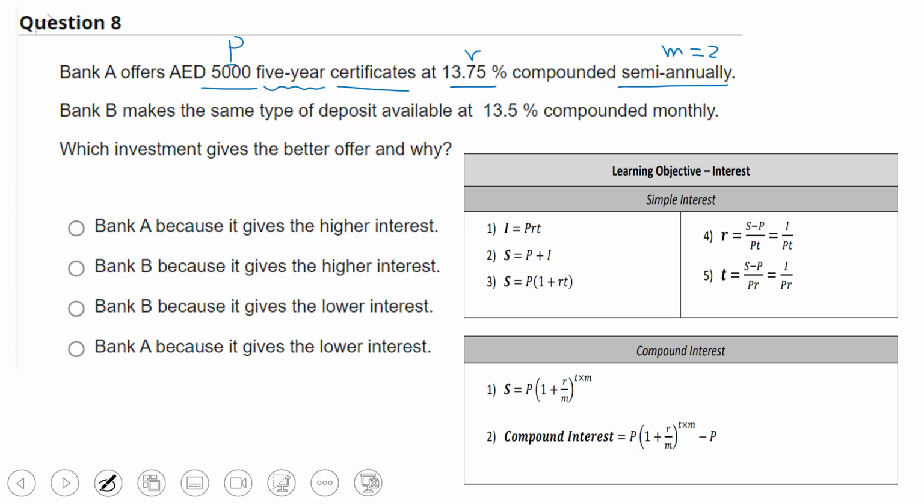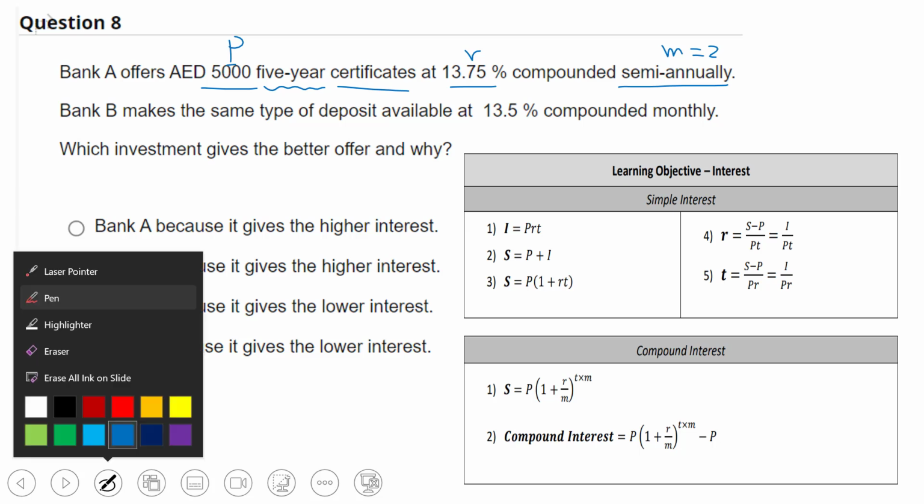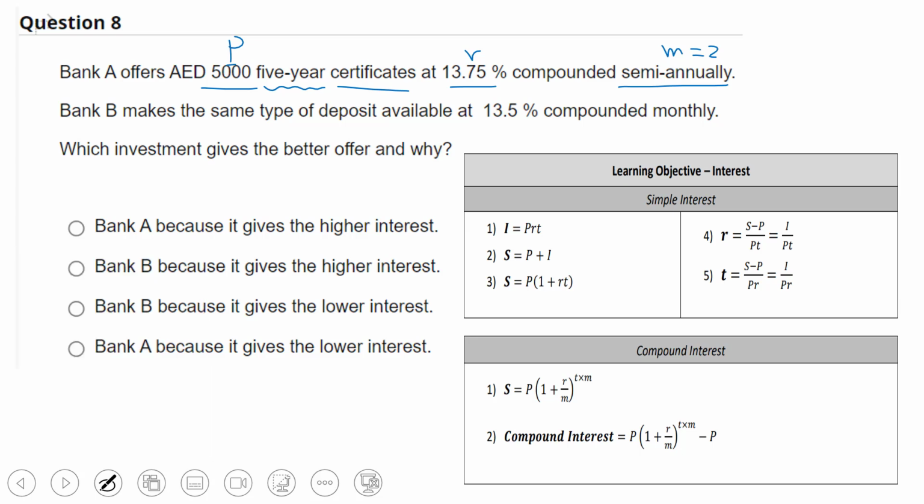Another bank offers a certificate, same type of deposit, 5,000, but a different rate, compounded monthly, so M equal to 12, right? So which investment gives the better offer and why?